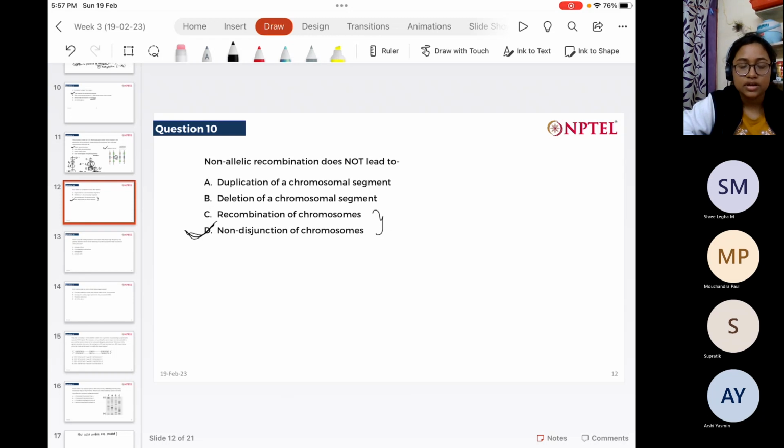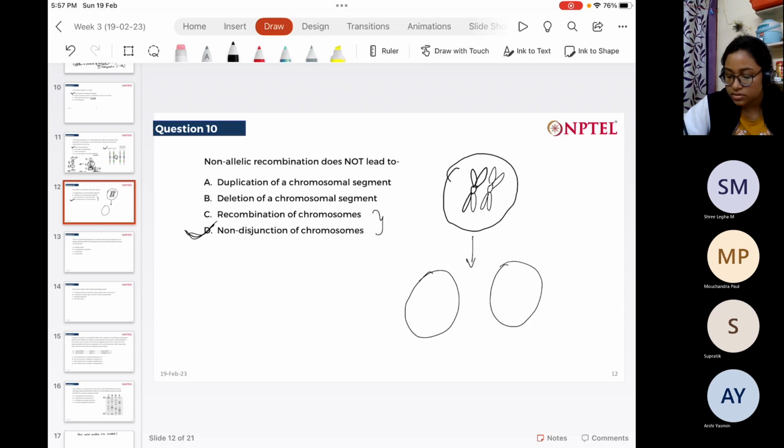What do you mean by non-disjunction? If you recall, this is the mother cell with a pair of homologous chromosome at the beginning of meiosis 1. In meiosis 2, what can happen?